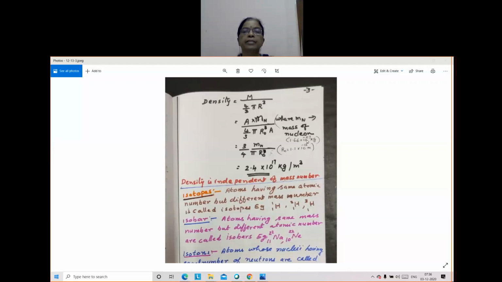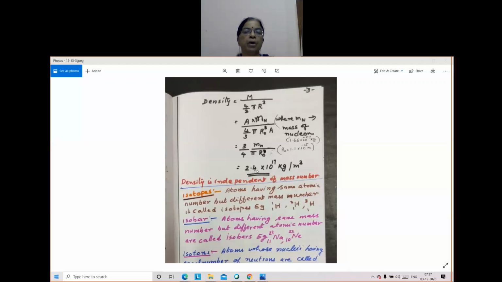Pi is constant, r0 is constant. All values are constant. So in effect, density is found to be a constant. And we calculate the answer, we get 2.4 into 10 raised to 17 kilogram per meter cubed.